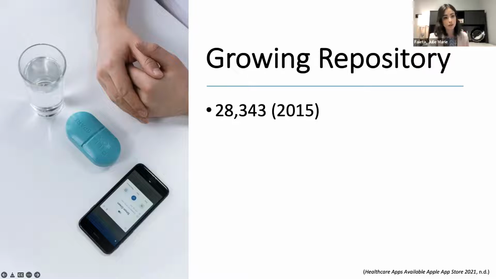That doesn't even count the Google Play Store. And what is maybe more impressive than that is within just a few short years, that number grew to almost 54,000 by 2021. So if you're interested in integrating or maybe further integrating mHealth into your research, I'd say the trends are pretty motivating. But again, we need to really understand exactly what we're getting into. So let's talk more about the provision of mHealth to consumers.